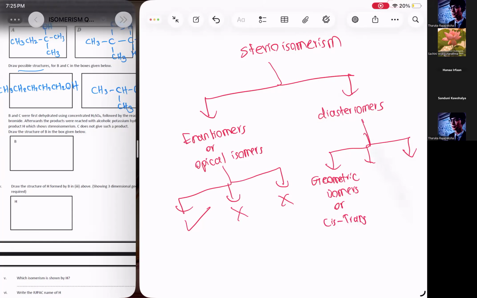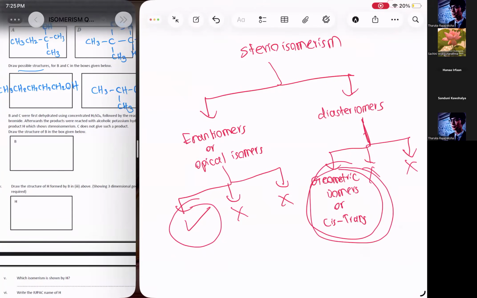We don't have these other things in our syllabus. We have only this one type of both. So they are saying about stereoisomers. So stereoisomers can be cis trans isomerism or optical isomerism. Right.